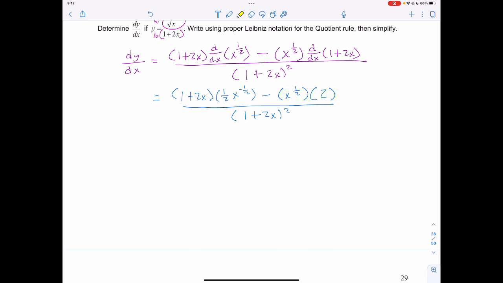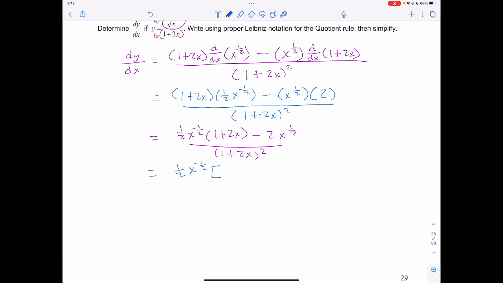So I'm going to rewrite this as 1/2 x to the negative 1 over 2 times 1 plus 2x minus 2x to the 1/2, all over 1 plus 2x squared. And from that numerator, I'm going to factor out the 1/2 and the x to the negative 1/2 from both terms.